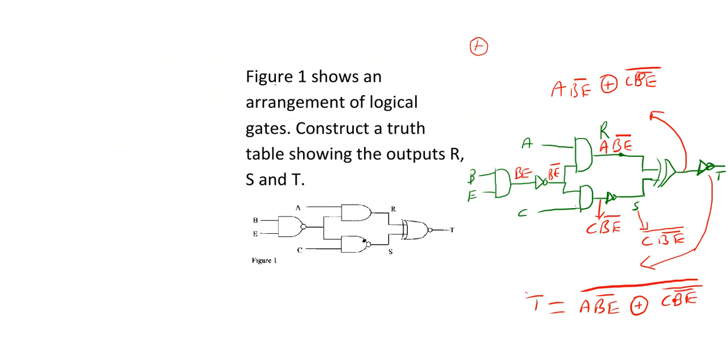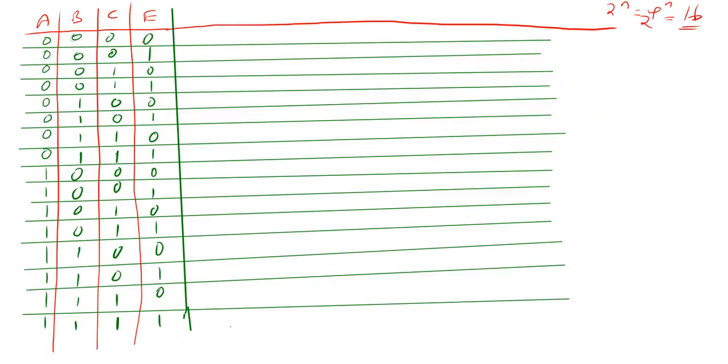So we are going to add this one, that is B times E complemented. Then I will also add this and this. Then I add the final expression for S. Then after that I will add another column for this expression, and finally for T, I add the expression for T, this one.